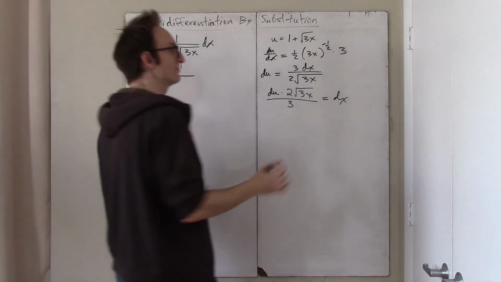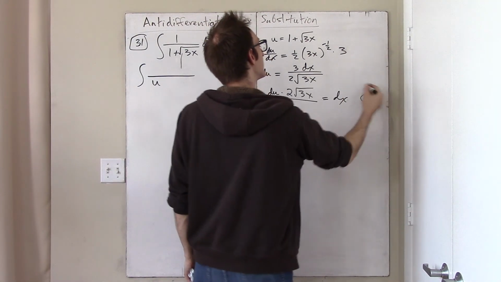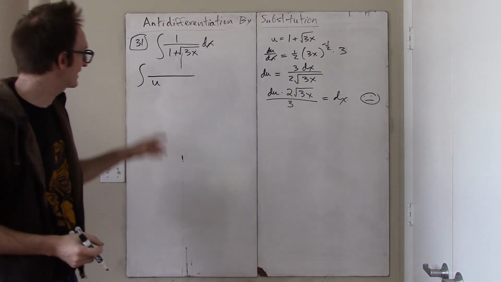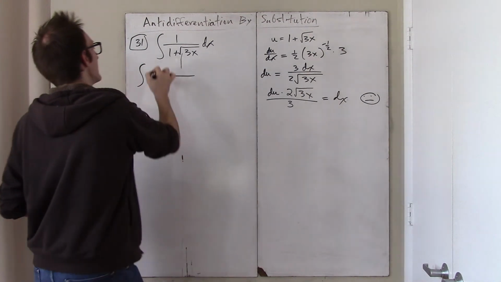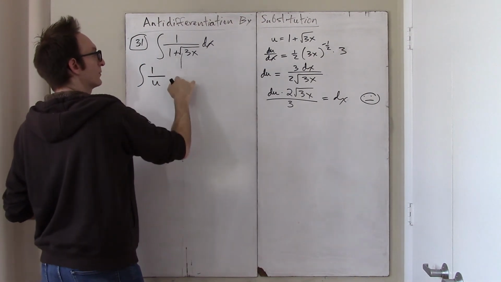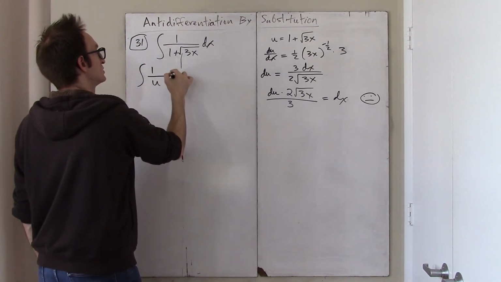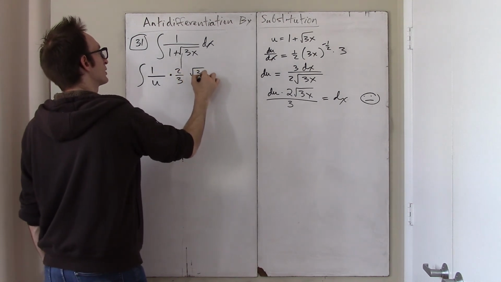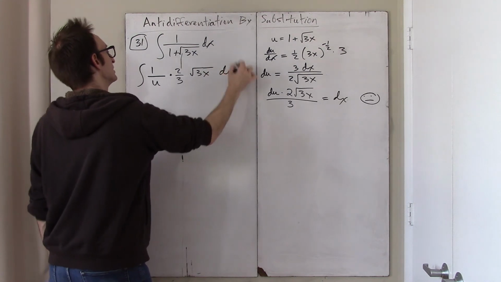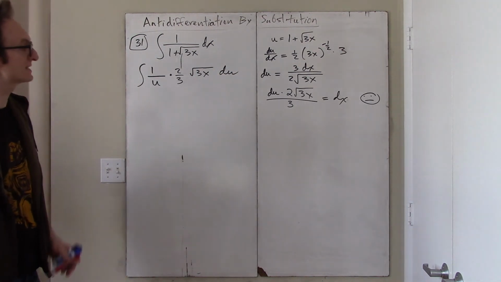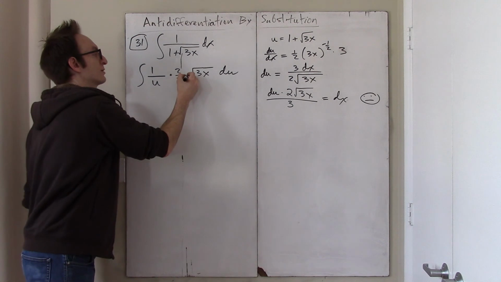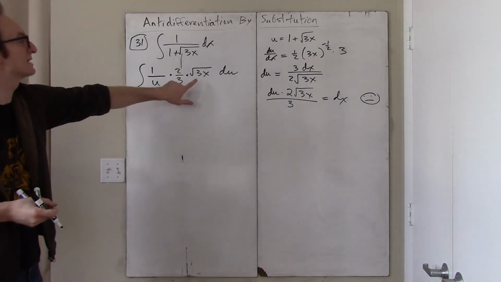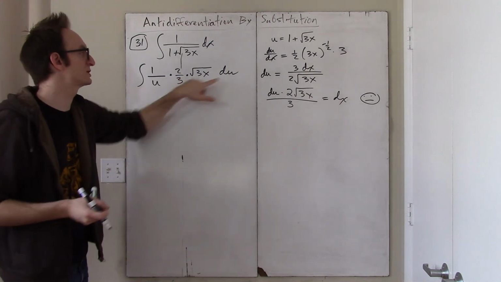So here I have my 1, and then what is dx? Well, it's 2/3 root 3x du. But if my goal is to convert this antiderivative into one involving u's instead of x's, then I'm not done yet, because I still have a mixture of x's and u's here.